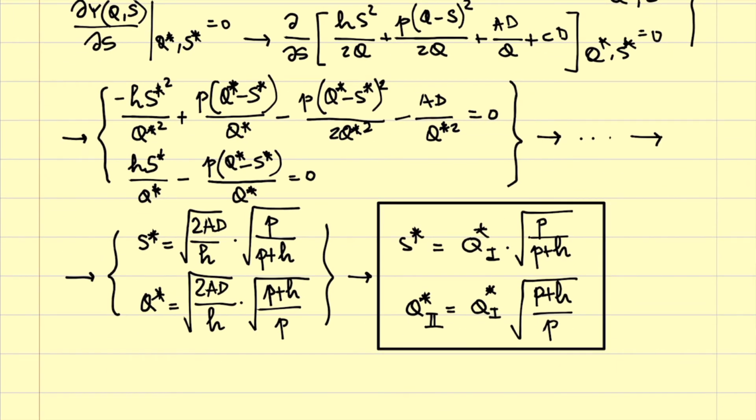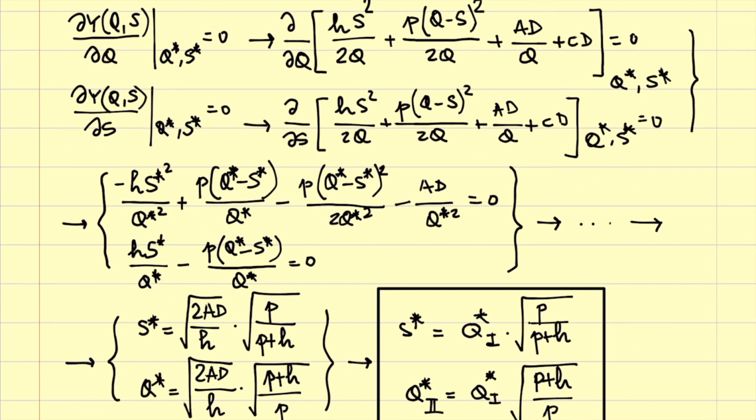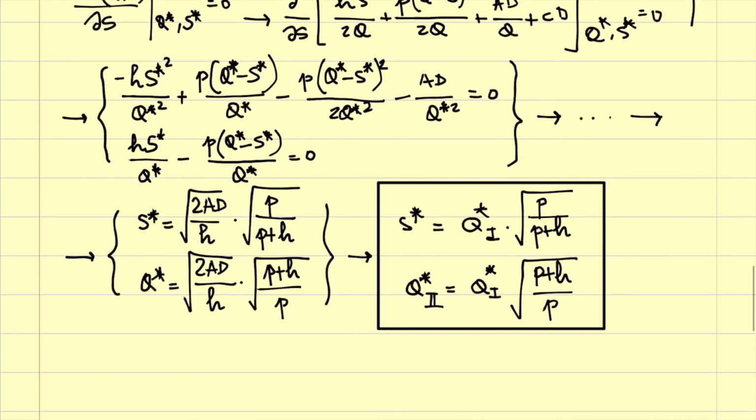Okay? So you see the economic order quantity of the second model is bigger than the economic order quantity of the first model, because P plus H divided by P is bigger than 1.